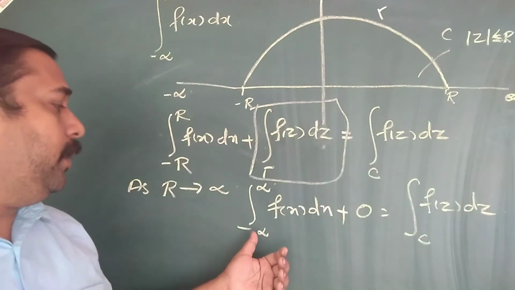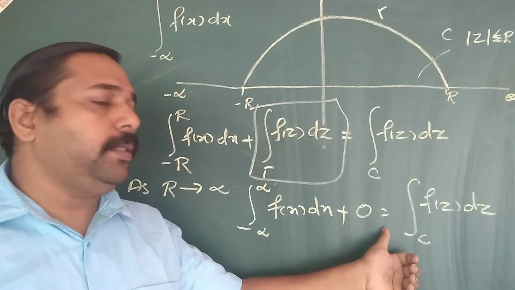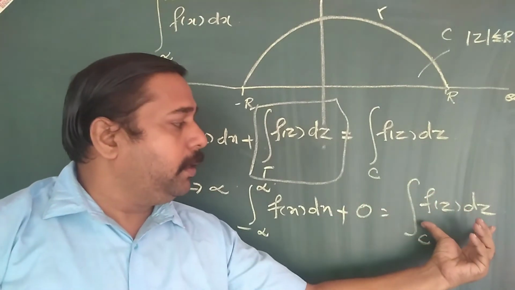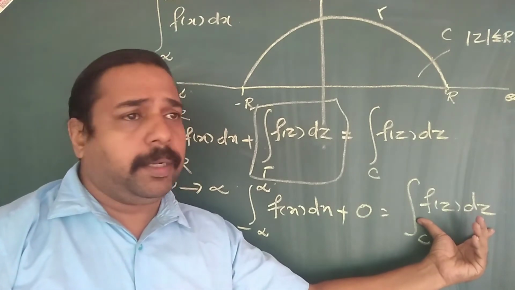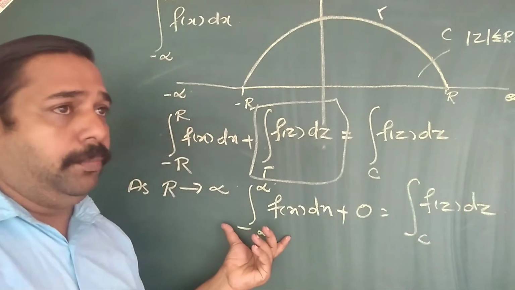So the integral from minus infinity to infinity of f of x dx is equal to the integral over C of f of z dz. This we can find by Cauchy's residue theorem or Cauchy's integral theorem. So simply we can get this one.